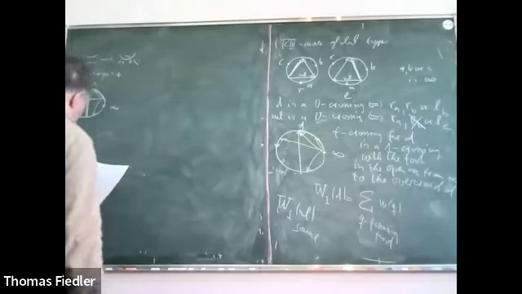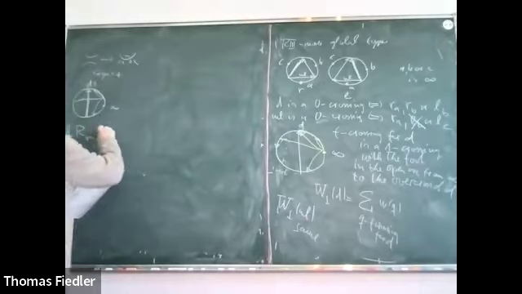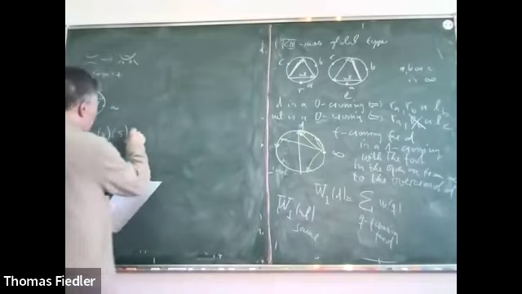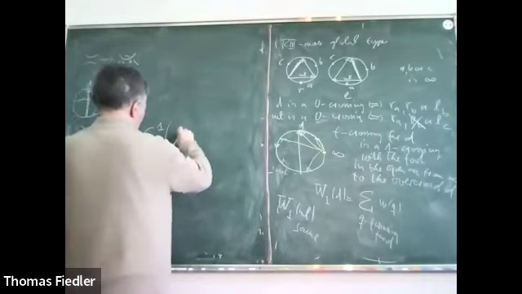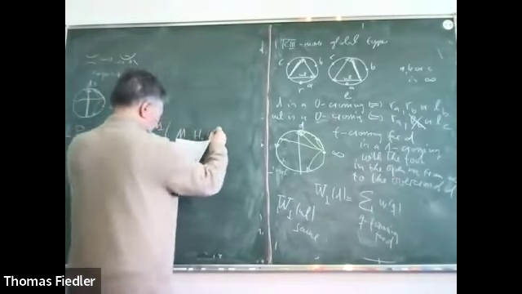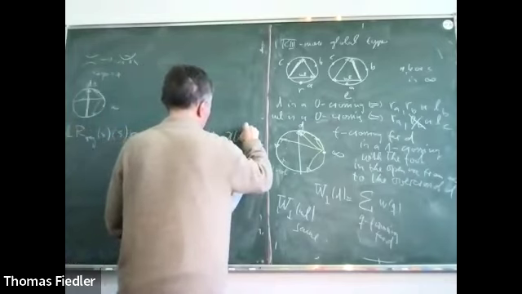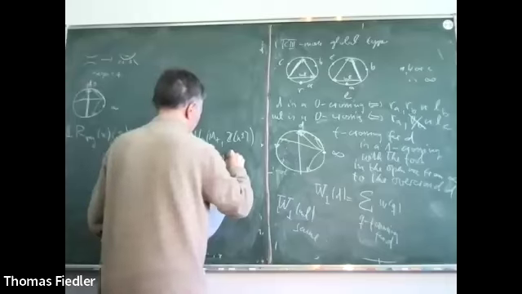So let me define the one-cocycle. I define a one-cocycle X of S. It's C1 of M, H0 of M plus the coefficient H minus plus H minus.